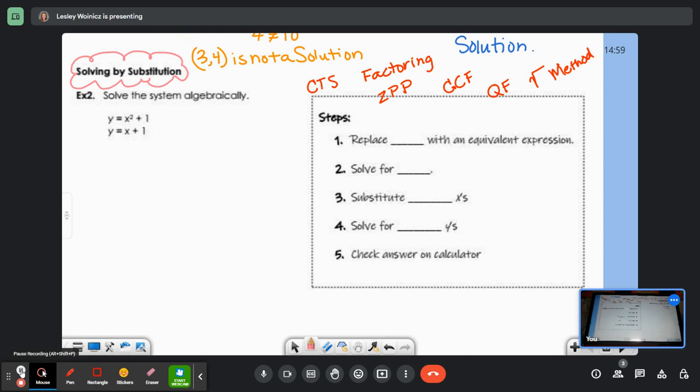Okay, so this one's ready to go for substitution. I have here an expression that is equal to y that I can substitute in for that y right there. Easy peasy lemon squeezy. So I get x squared plus 1 equals x plus 1.